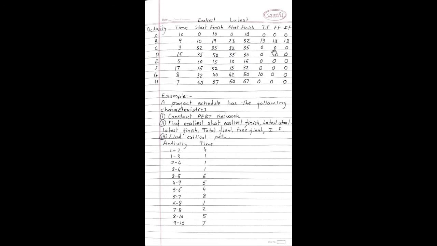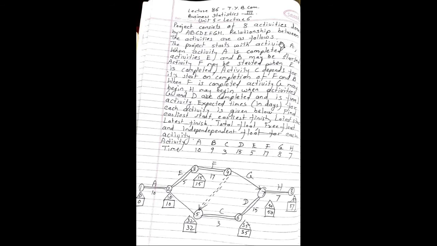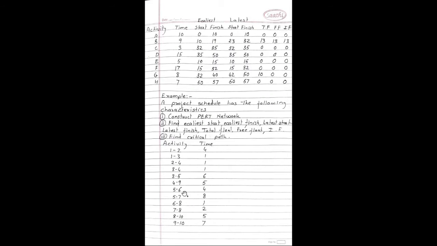So first activity, free float is 0. Activity B, let us calculate for activity B. 32 minus 10 becomes 22. 22 minus 9 becomes 13. So free float for activity B is 13 units.